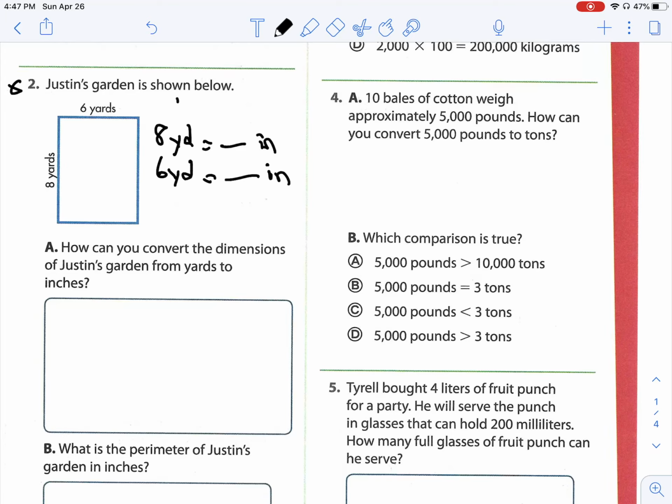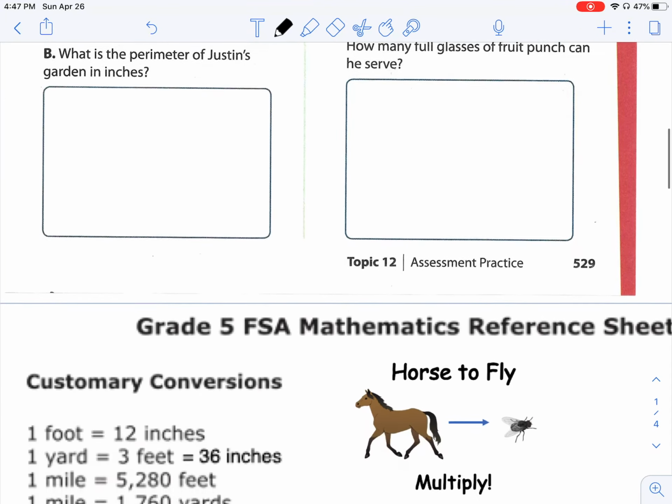Now this is a yard and this is an inch. Which one of them is the horse? That's right, yards are bigger than inches. So this is a horse to fly situation. That means we're going to need to multiply. We're going to need to know how many inches are in yards.